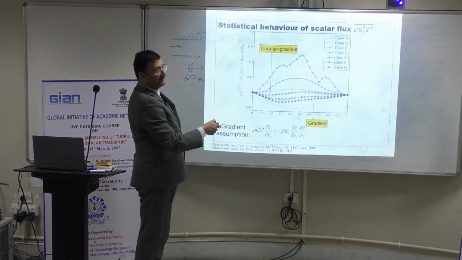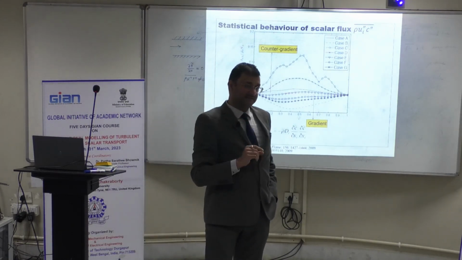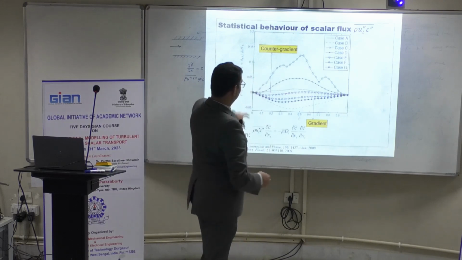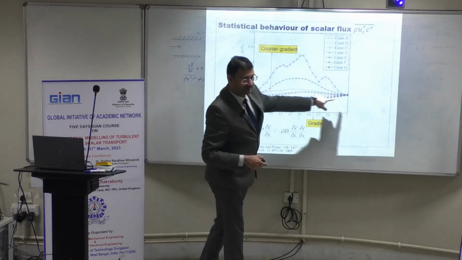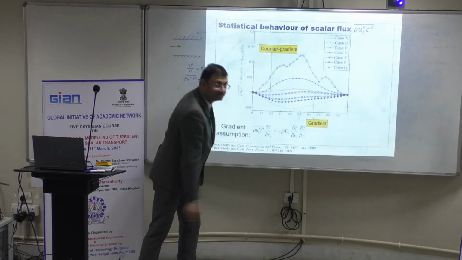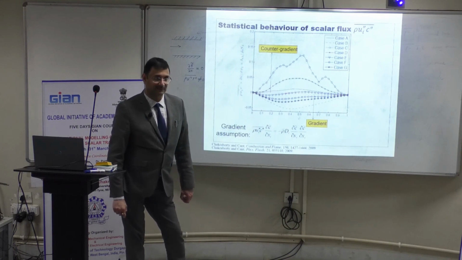So case A, where you had small turbulence intensity, tau SL dominates over u prime. See what happens? This red line is the zero line, and the value is positive. Clear? Counter gradient transport.